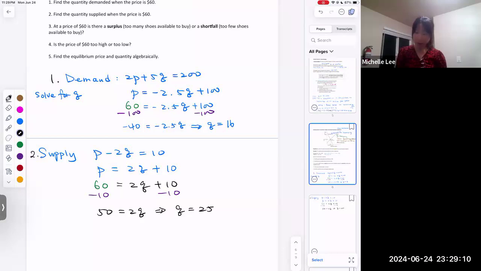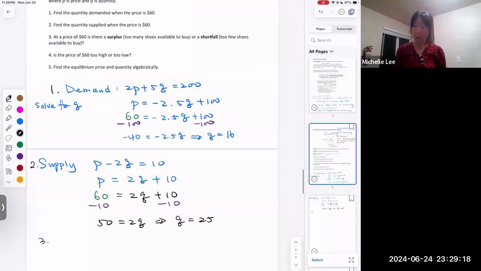And number 3, at a price of $60, is there a surplus? Surplus means too many shoes are available to buy, right? Too many. So surplus, too many. Think about too many. Or shortfall, too few. Yeah, think about it that way.